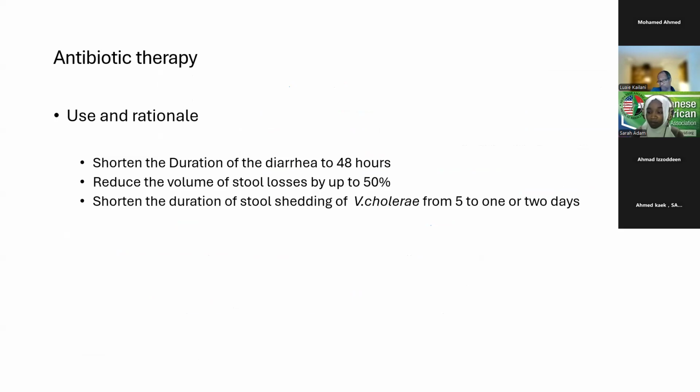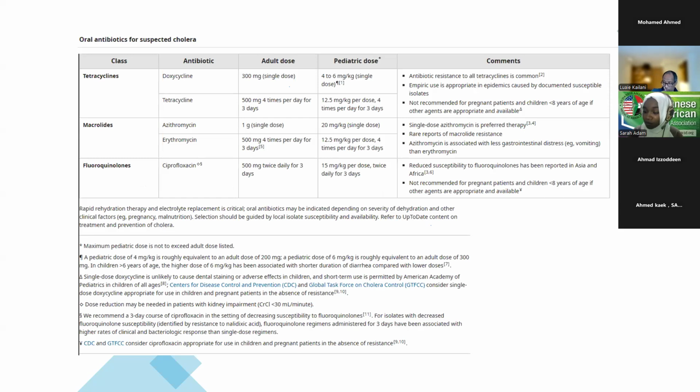And similarly, reduce the volume of fluid loss by 50%, you won't know how much the patient is going to lose when you start. A patient can lose 2 liters per hour. Some patients come with a deficit of above 10 liters. So it's hard to know. So this is why doing the susceptibility is very important.